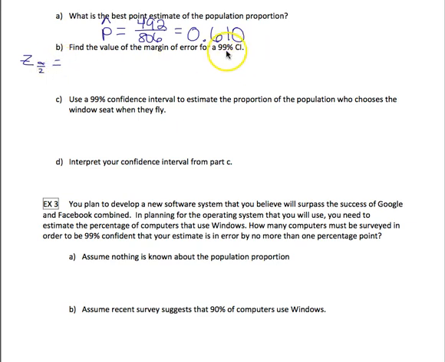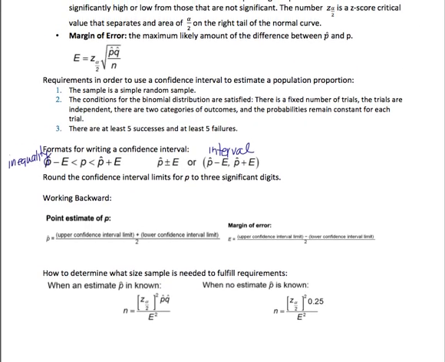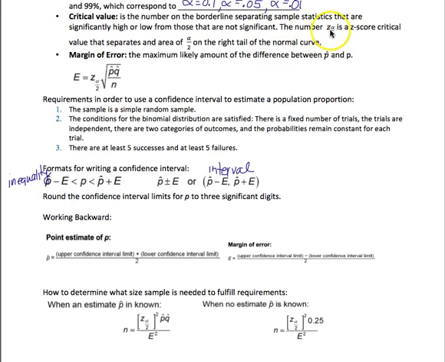So when it's a 99% confidence interval, remember that that means that we have to use the correct value. So z sub alpha over 2 is going to be based upon these values that we had with the critical values.